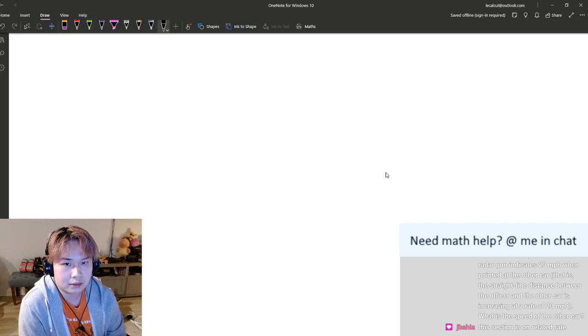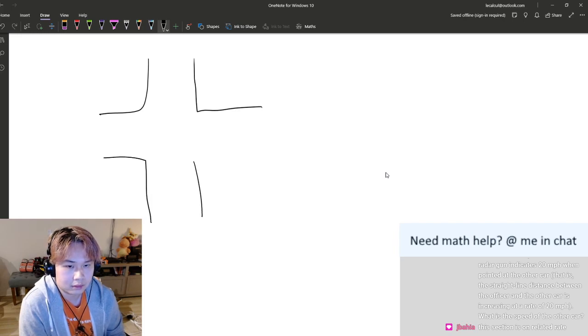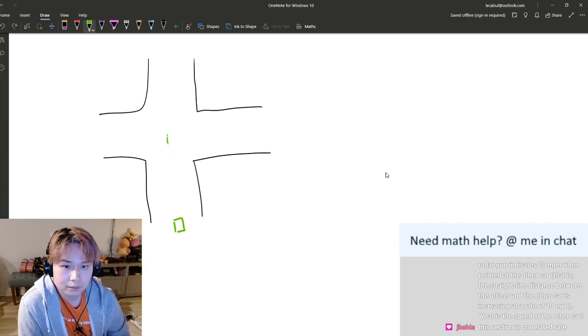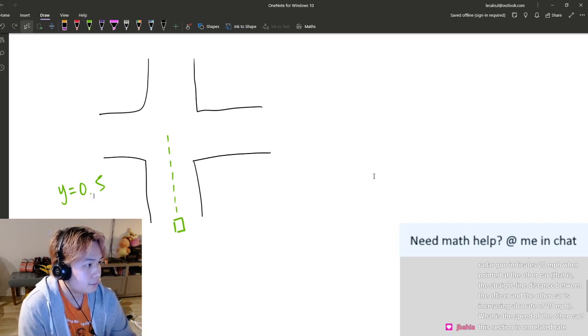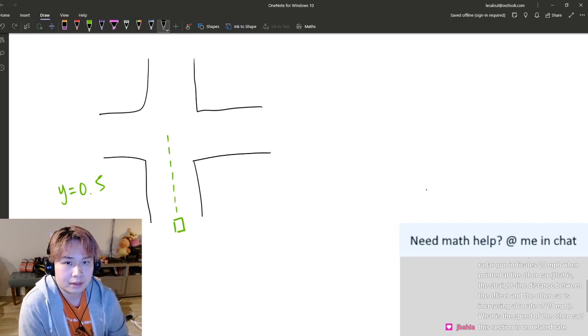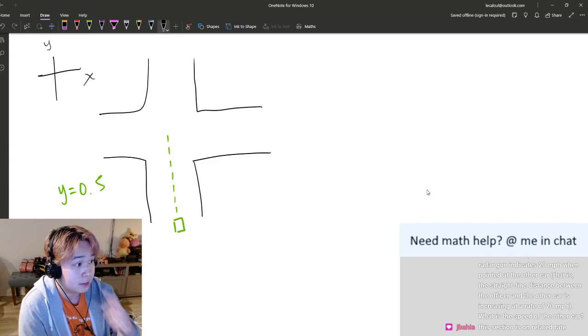So here's an intersection, and then you got the police officer. Let me just call that y for now. So we know that this is 0.5. Any distances vertically are y, and any horizontal ones are going to use the variable x.